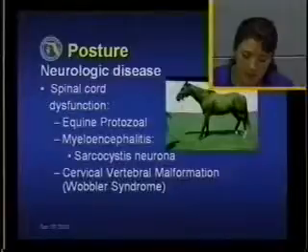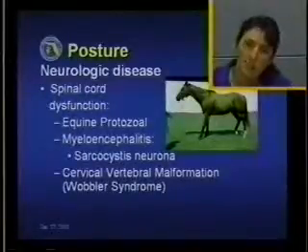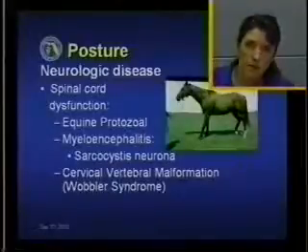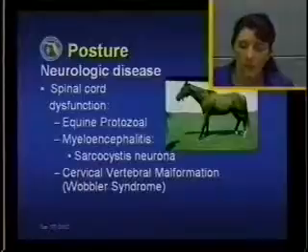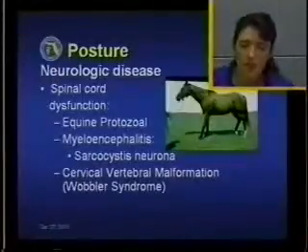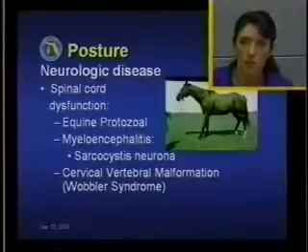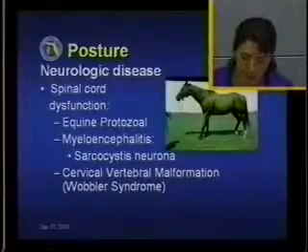So this disease is most likely congenital, but we see the clinical signs of it when the horses generally reach a year and a half of age and start working, and most of the time the clinical signs become obvious when horses are used for their normal athletic purpose.